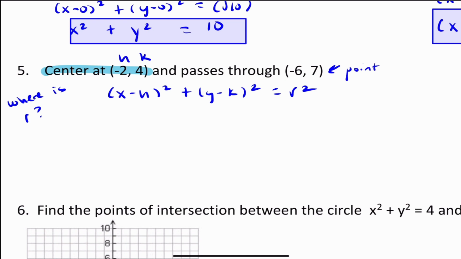So what I'm going to do is assume that this is (x, y). Sorry, let me restart and redo this.